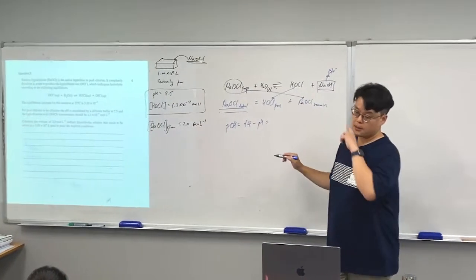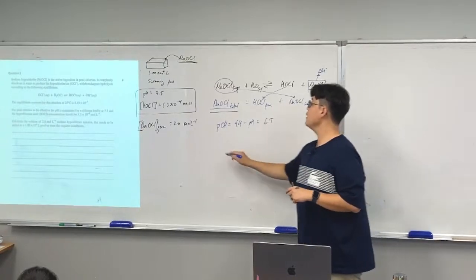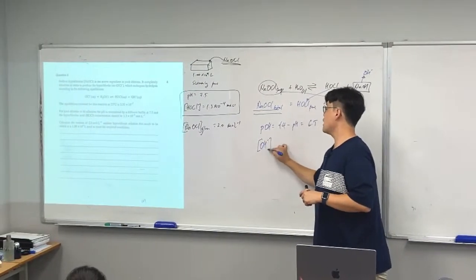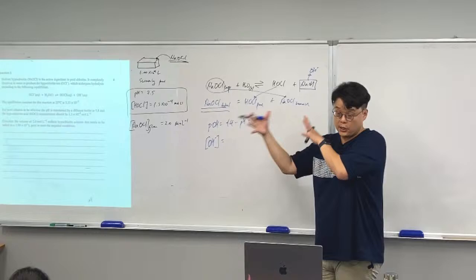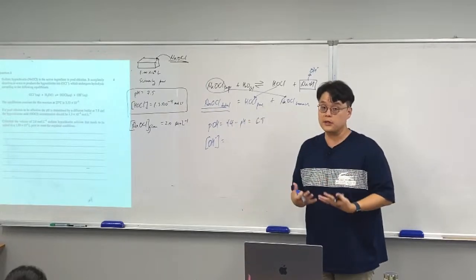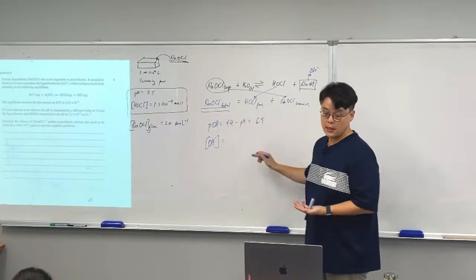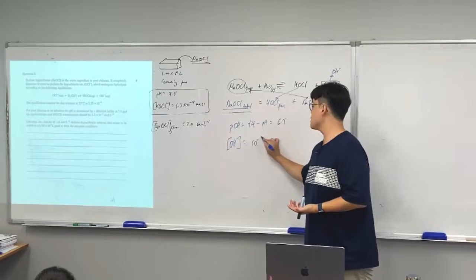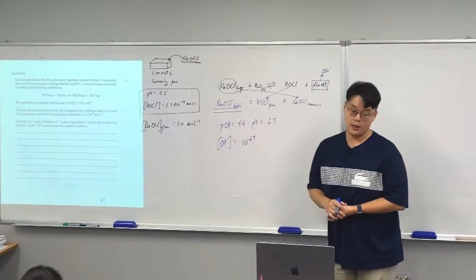That is 14 minus 7.5, which gives us 6.5. Then the concentration of the hydroxide ion at equilibrium, after we completely dissolve the sodium hypochlorite, is 10 to the power minus 6.5 mole per liter.